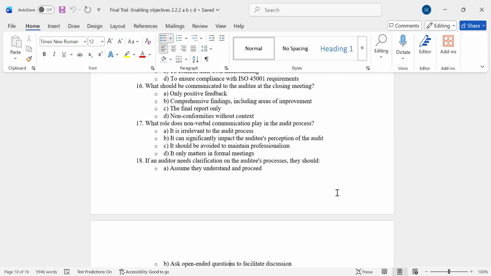So when you do all these things, what does it do to the auditee is the question. So it can significantly impact the auditee's perception of the audit.